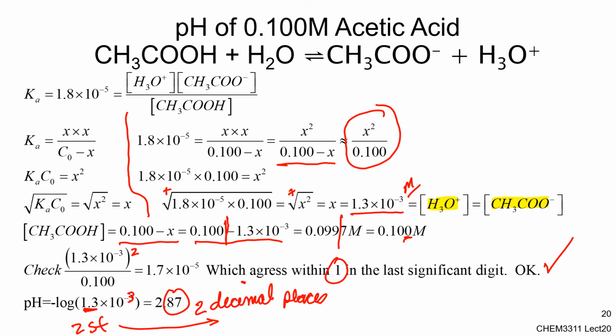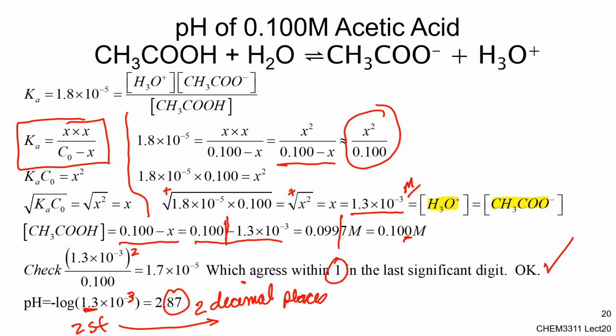Now, before we go on, we can also do this in a generic way. We can leave all of our symbols in. So here is the equilibrium expression, and the only symbol we haven't seen before is C0. That's the initial concentration or analytical concentration of our weak acid.